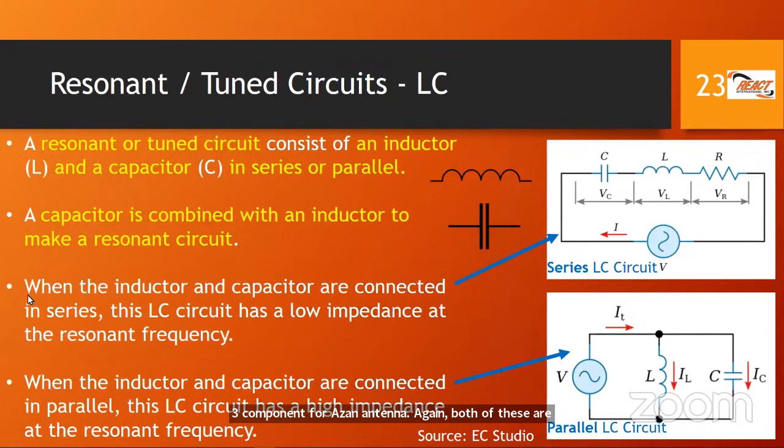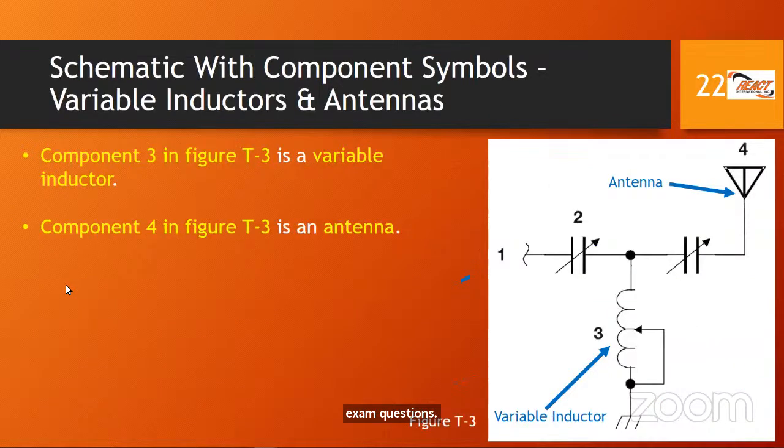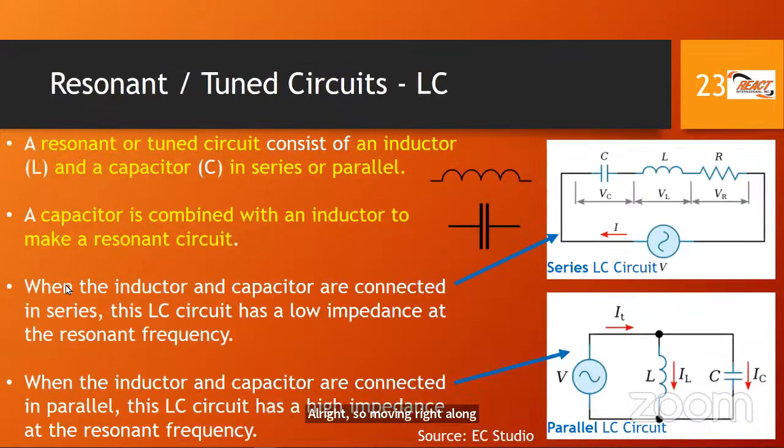All right, so moving right along. We are coming now to the point where we want to discuss the idea of resonant or tuned circuits. When we talk about a resonant circuit or tuned circuit, it simply means that the circuit consists of at least two components that we have dealt with already: the inductor and the capacitor.